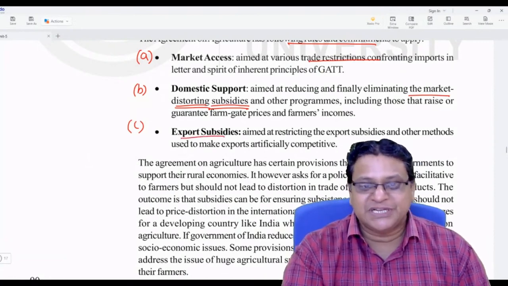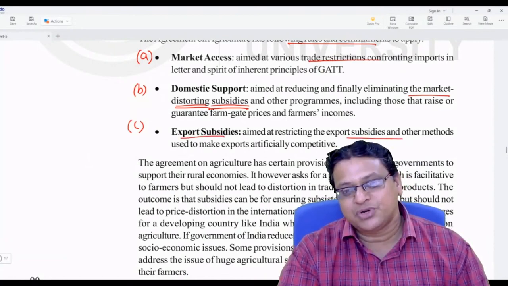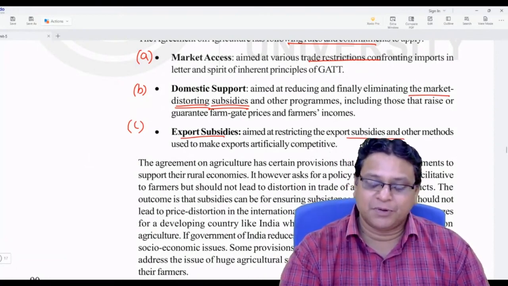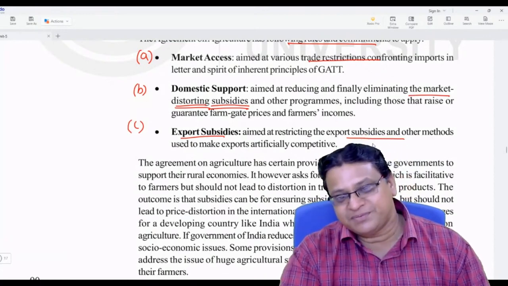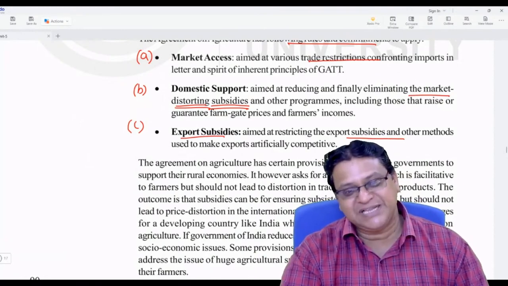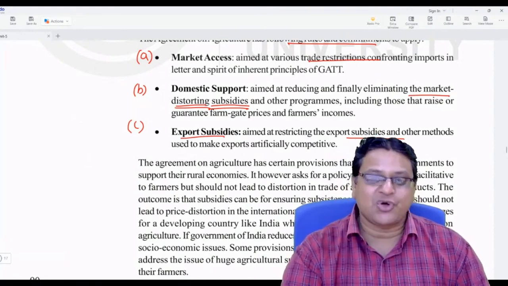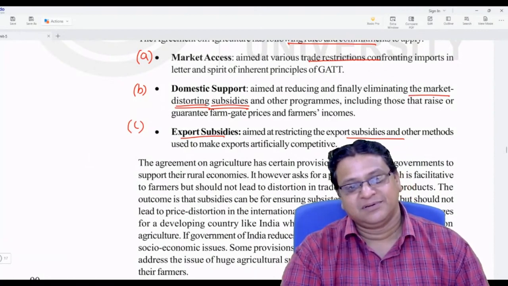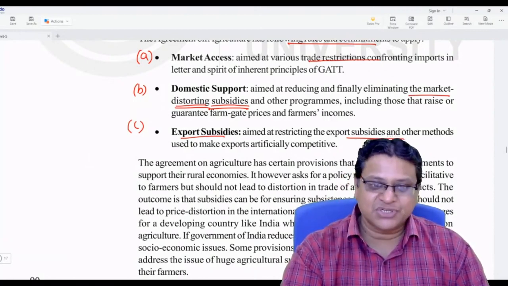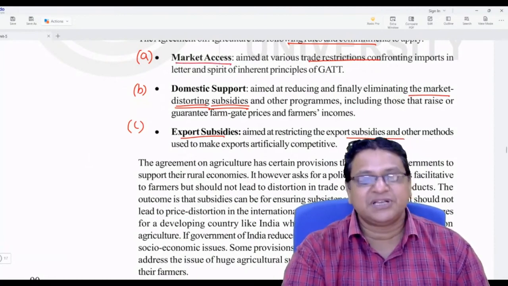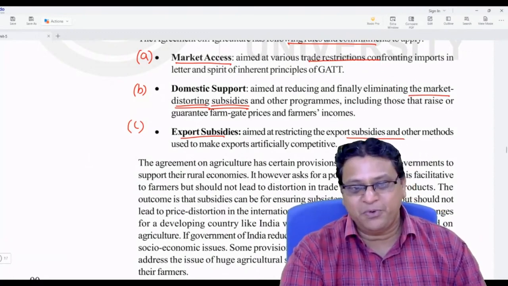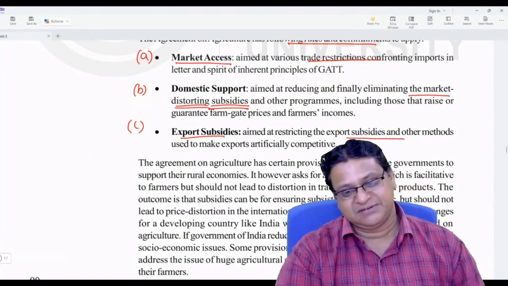Then export subsidies. It aims at export of goods and services. Once a person or company is involved in export activity, government provides some subsidies, and these subsidies reduce the cost of the exporter. So the countries agreed in the agreement on agriculture to have market access for agricultural commodity and to reduce the subsidies under domestic support and under export subsidies.